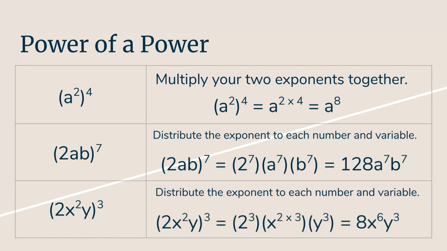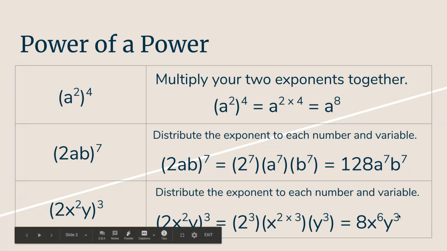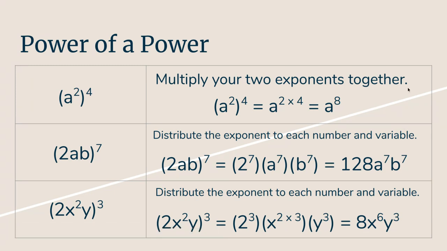So this becomes 2 to the 3rd times x to the 2 times 3 times y to the 3rd. Remember, 2 to the 3rd is 2 times 2 times 2, so we get 8. X to the 2 times 3 is going to become x to the 6, and y to the 3rd is just going to say y to the 3rd. Take a second, make sure you copy these examples down in your notebooks because they're going to be very helpful.